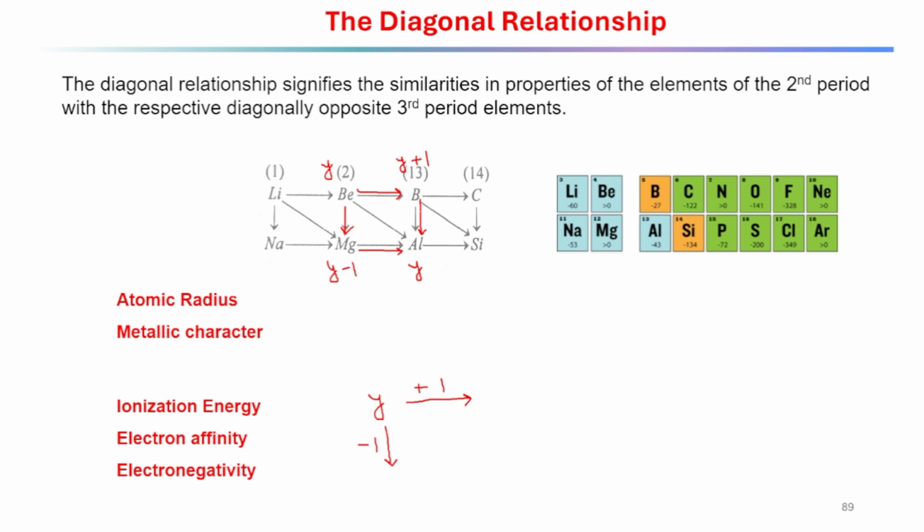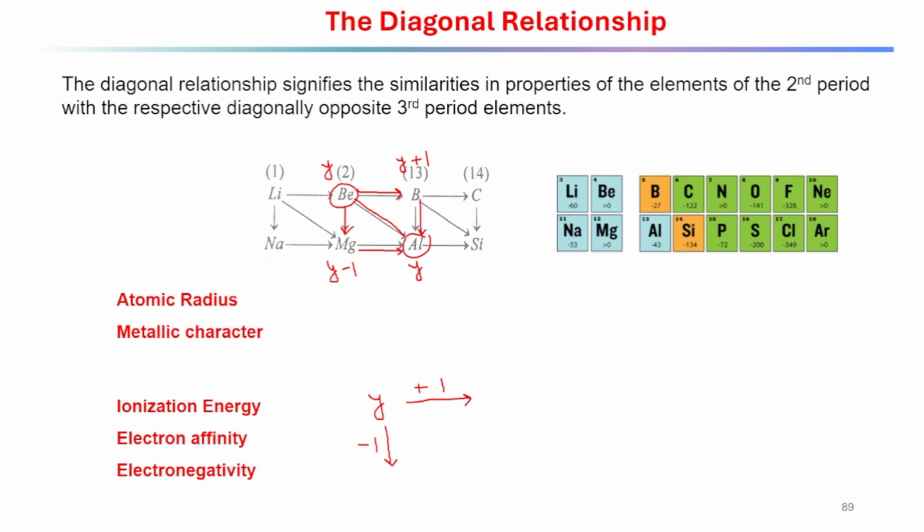Now if we go from top to down, we have to decrease 1 unit, so we subtract 1 unit, and it will again come as y. So you can see beryllium is also having y unit, and aluminum is also having y unit. That's why there is a diagonal relationship between beryllium and aluminum.